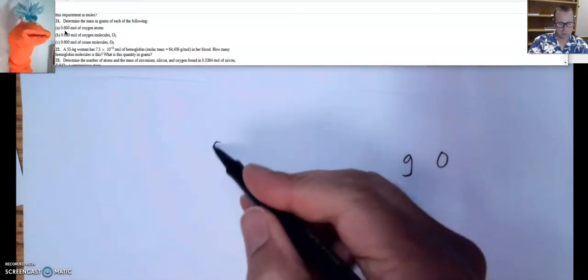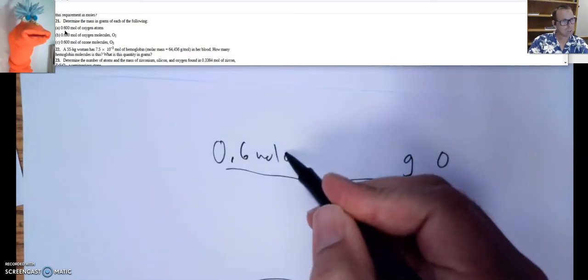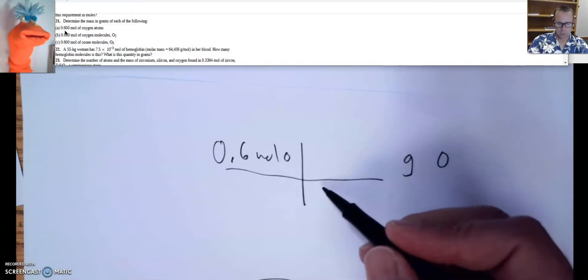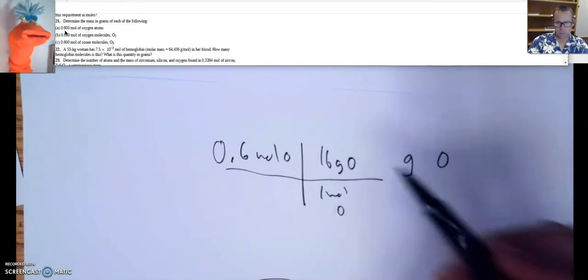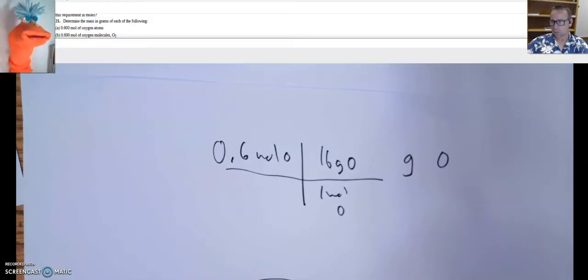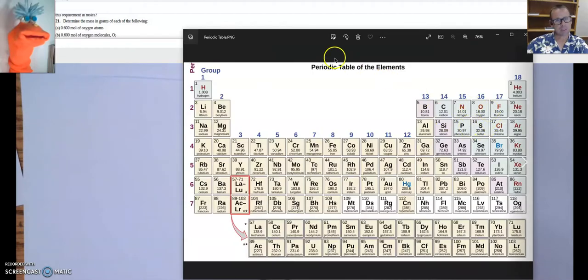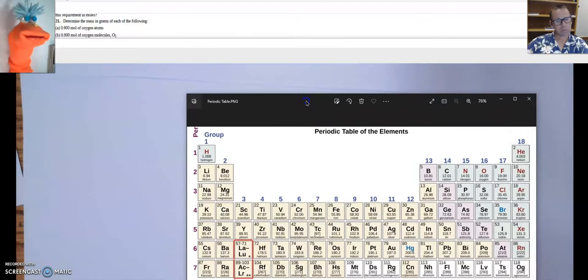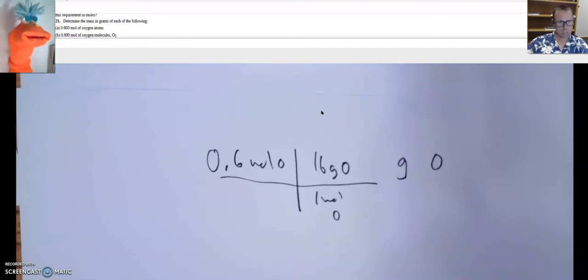If I have 0.6 moles of oxygen, and 1 mole of oxygen is 16 grams of oxygen. That's on our periodic table, right? Let's bring up our periodic table here. I got a new and improved periodic table. I like it a lot better because it's nice and easy to see. We have 16 grams on our periodic table for oxygen, and that's how we're going to determine that there.